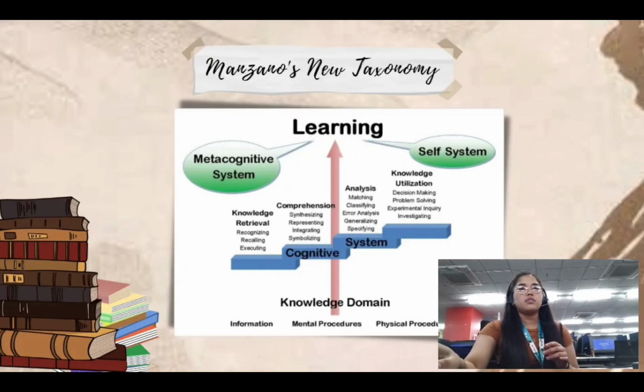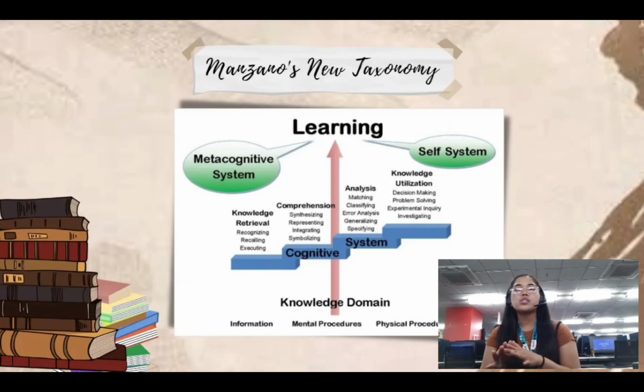As I have mentioned, the new taxonomy of educational objectives was proposed by Robert Marzano. It is a framework for categorizing and organizing the goals and objectives of education, and it is based on research in education, psychology, and cognitive science.